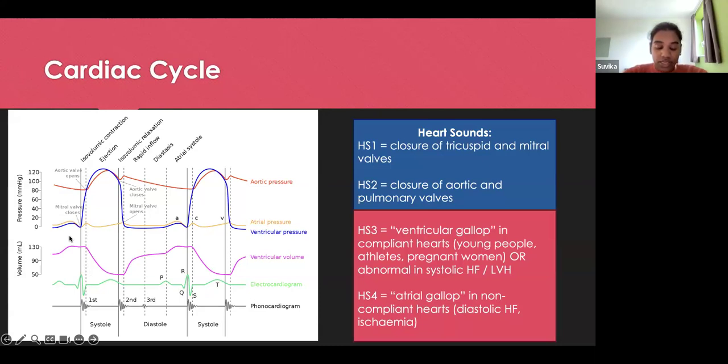Next one, so we've got an ECG trace here, okay, from lead 2. Considering the frequency of P waves and the frequency of QRS complexes, which of the following conditions is shown?